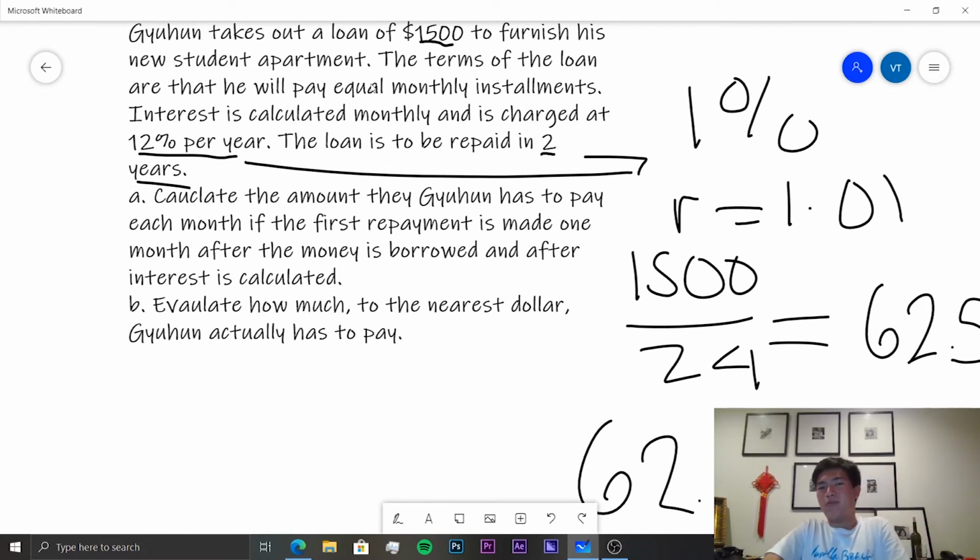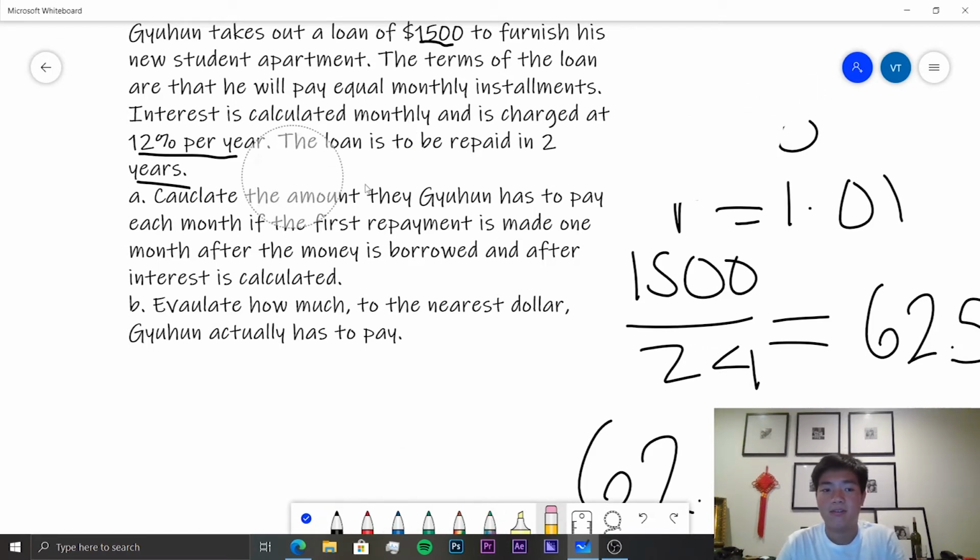He will pay equal monthly installments, and the interest is calculated monthly and charged at 12% a year, and the loan is to be repaid in 2 years. Okay, maybe it is simple interest.